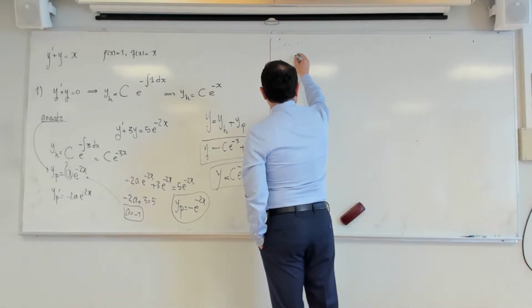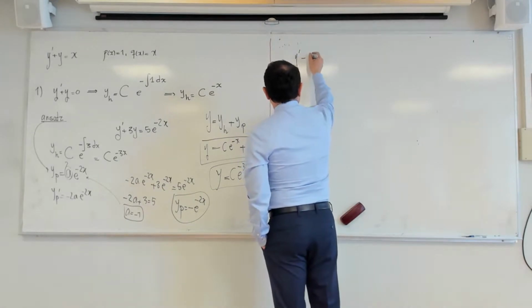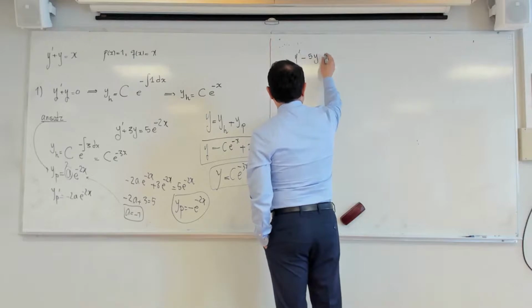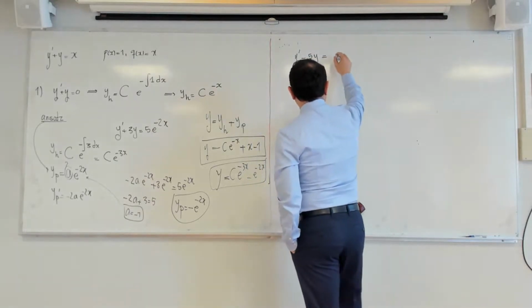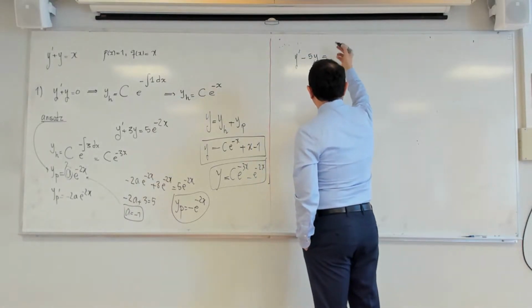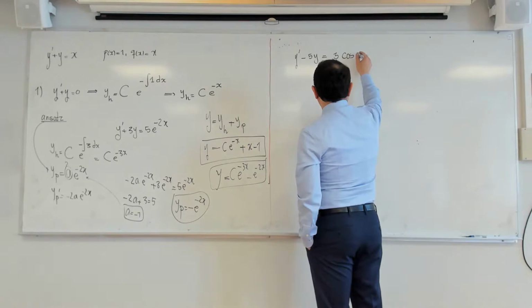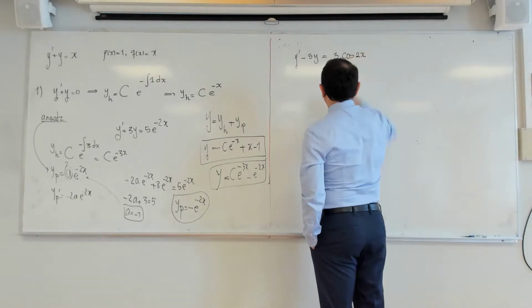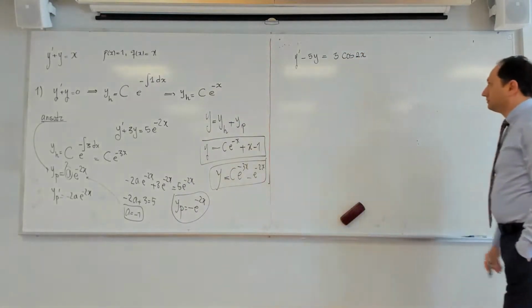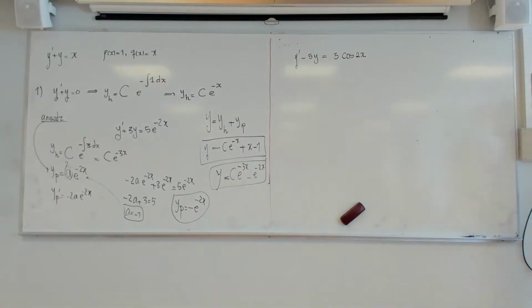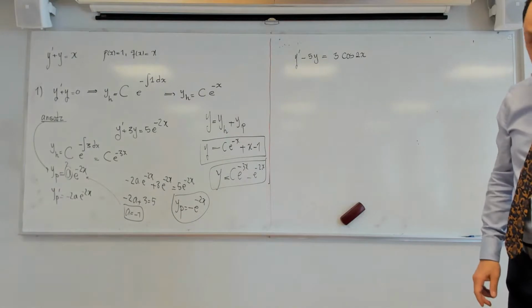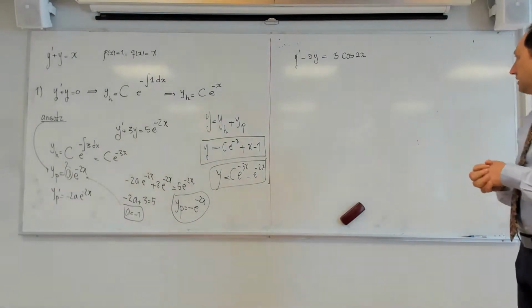We have y prime minus 5y is equal to, so let us say, 3 cosine 2x. Okay, so because this is going to be the last example, so let me tell you exactly again.